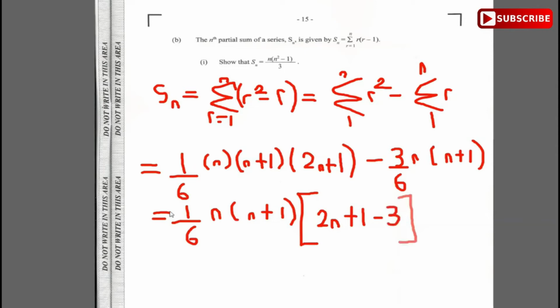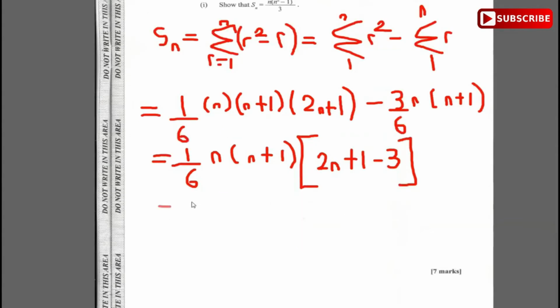And so what I'm getting then is 1 over 6 n times n plus 1 times 2n minus 2. And so I can factor out the 2.